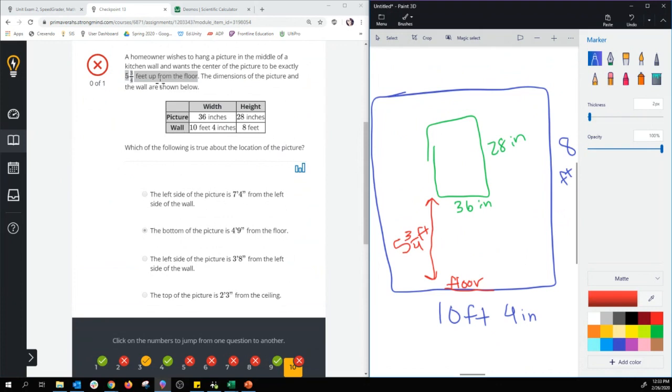Let me explain what I'm doing in my brain. I know that my wall is 8 feet high, and I know it needs to be 5 3/4 feet above the ground. So if I subtract 8 minus 5 3/4, I will get where my picture is above the ground.